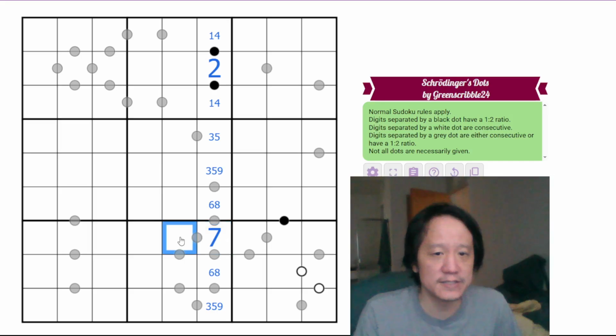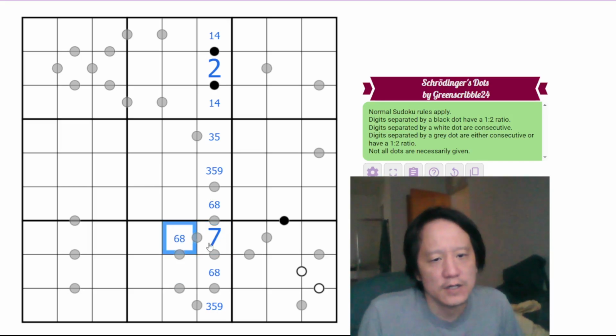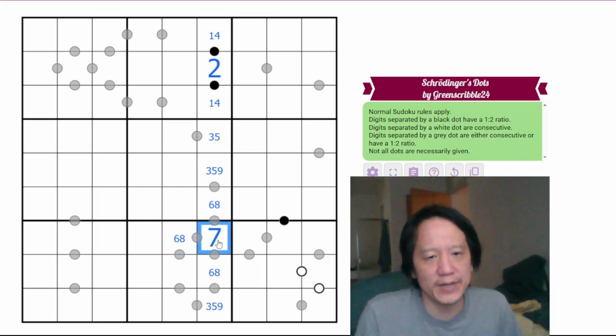7 is only consecutive with another digit. It can never be in a 1 to 2 ratio with another digit. So this is 6 or 8 here. This 6 or 8 pair eliminates 6 and 8 from the rest of the box. 3 or 5. Well, let's not go there yet.